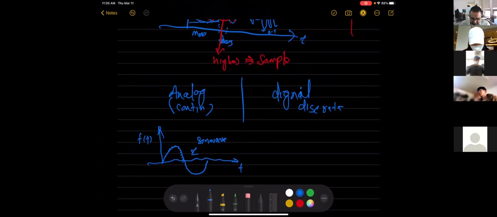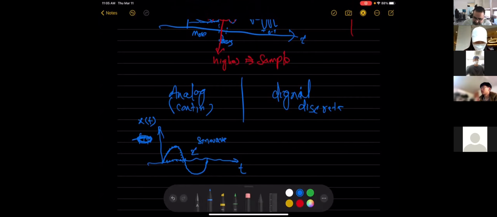If you look at this figure, it can be written as f of t, or I can say, for example, x of t, right? x of t is also a function, and this is the time. So when the time is changing, we take every possible point of that signal, and that kind of signal is called the analog signal.